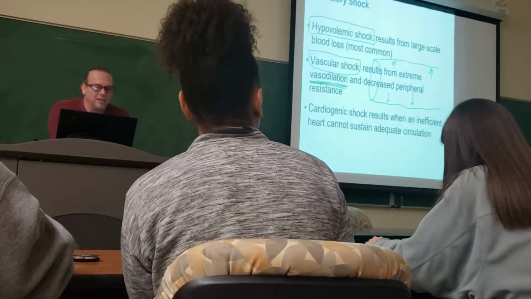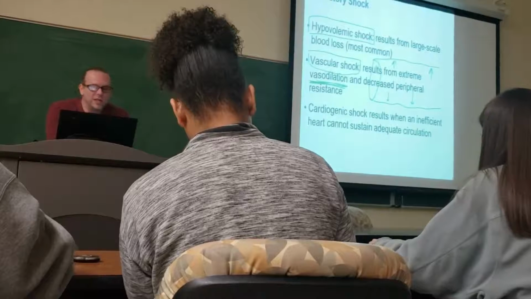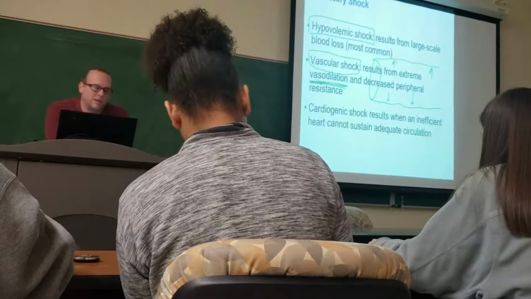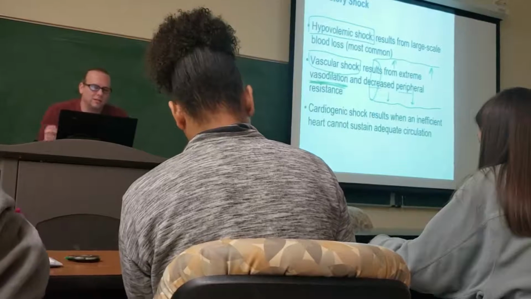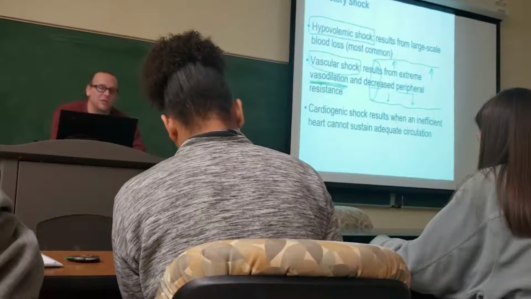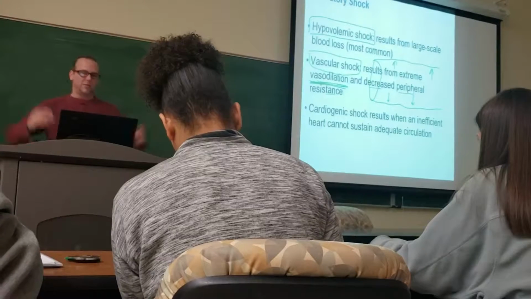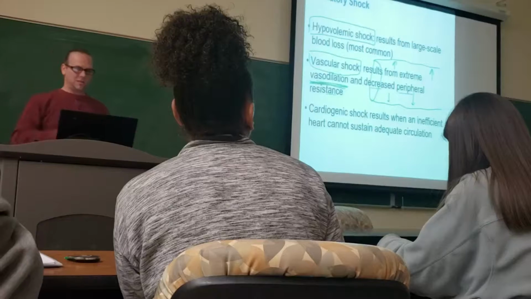So vasodilation, there's no word dilatation, it doesn't exist, just dilation. Vasod is what I call it, so I don't have to say it out loud. Vasodilate, extreme peripheral dilation, meaning decreased peripheral resistance. The tubes are too big, nothing's flowing through the pipe. That's it, the tubes get gigantic.